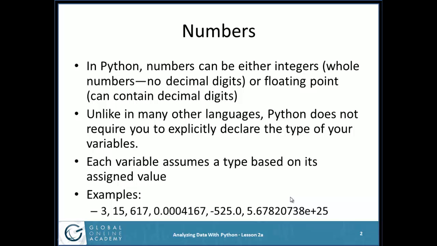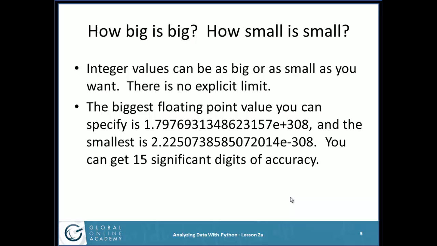So let's keep going on to our next slide. How big is the biggest number you can store in Python? Well, for an integer, there is no biggest number you can store. If you want to type something in that has 35 digits or 70 digits, that's fine. Python can handle it. Integers can be as big or as small as you want. No explicit limit.